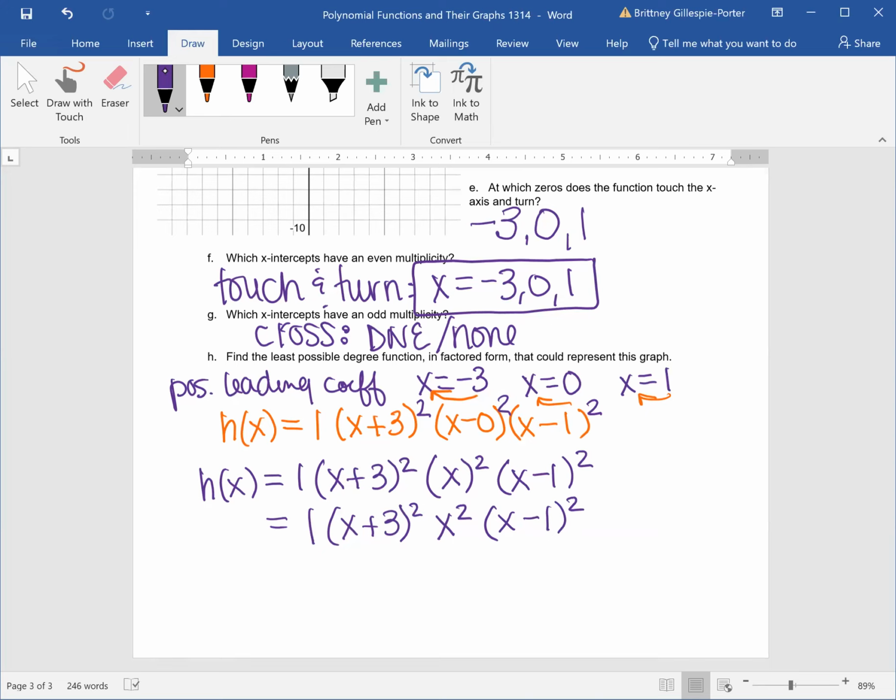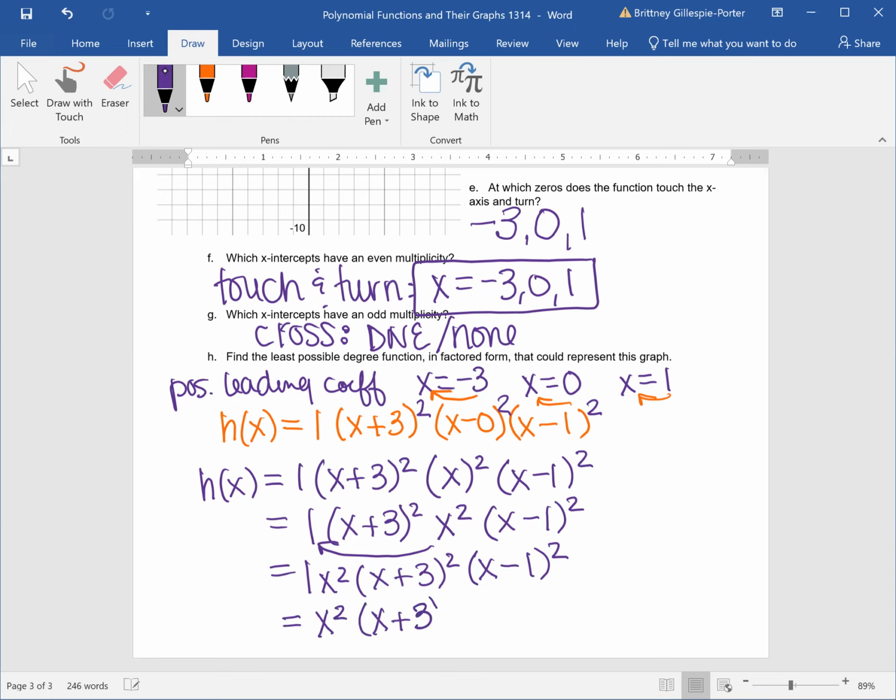But here it looks weird to have the x squared in the middle. So I'm going to bring it out front because we can change the order of the multiplication. 3 times 4 is the same thing as 4 times 3. And then finally, if you don't want to write the leading coefficient of 1, you don't have to.